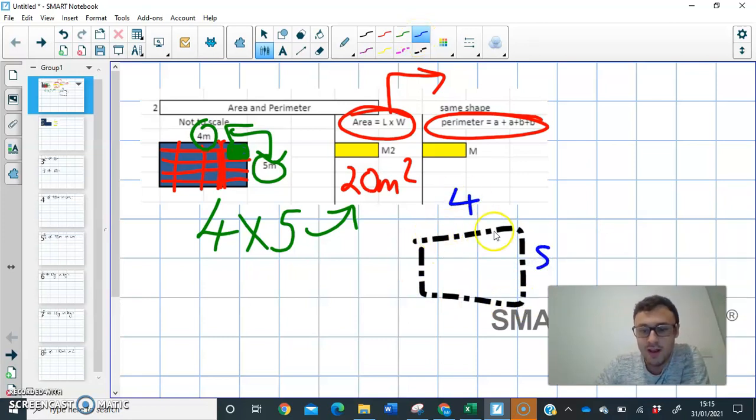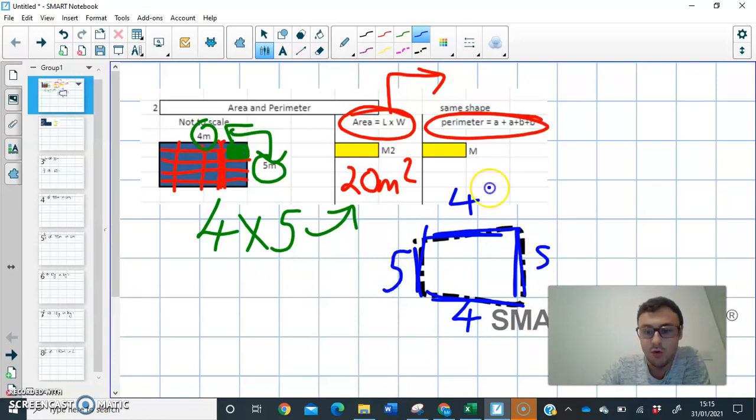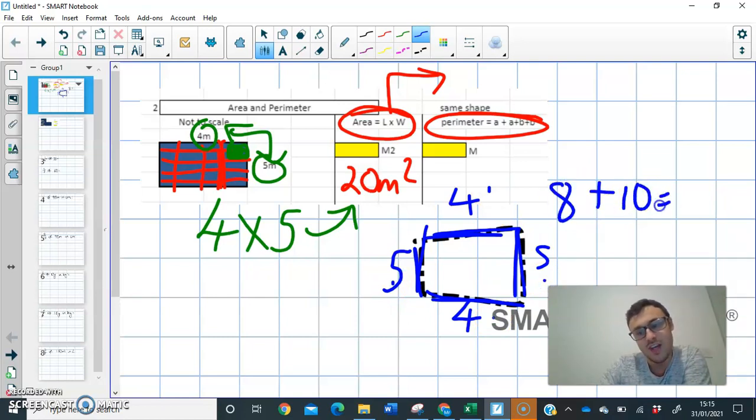Now, if I put my fence around the rim, the outside, I'm not going to only just put my fence here and here, because otherwise my garden's not going to be totally secure. I need to also put it here and here. And if this side here is 4, that means this side here is 4. If this side here is 5, that means this side here is 5. So the perimeter would be 4 add 4, 5 add 5. Well, 4 add 4 is 8, 5 add 5 is 10, which means I get a perimeter of 18 meters.